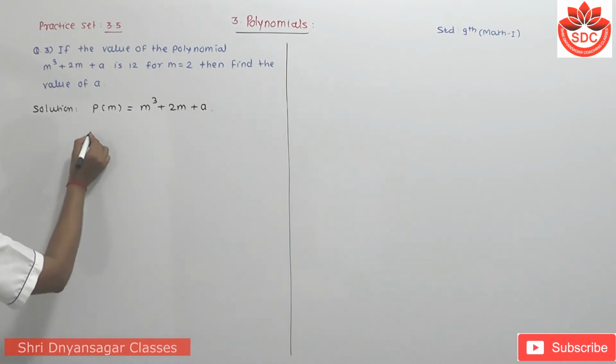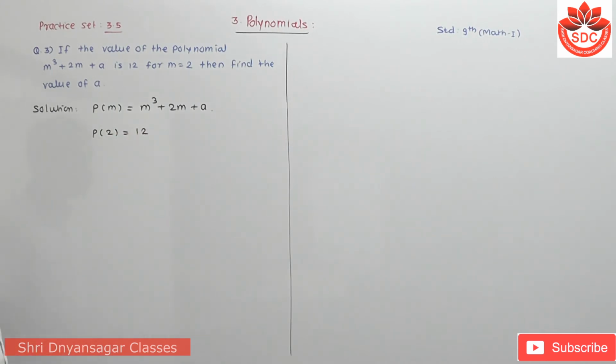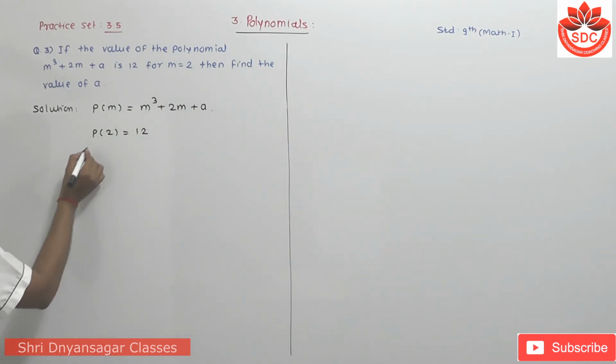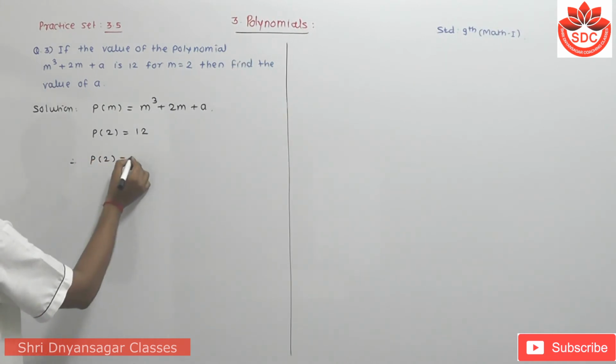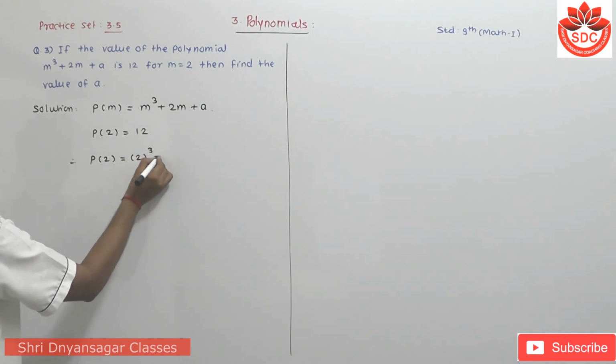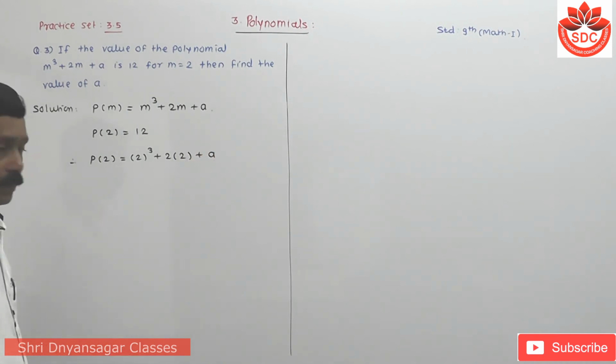Then p of 2 is also given, here it is 12. Now therefore p of 2 is equal to, here we have to substitute the value of m is 2, means that 2 cube plus 2 into 2 plus a.